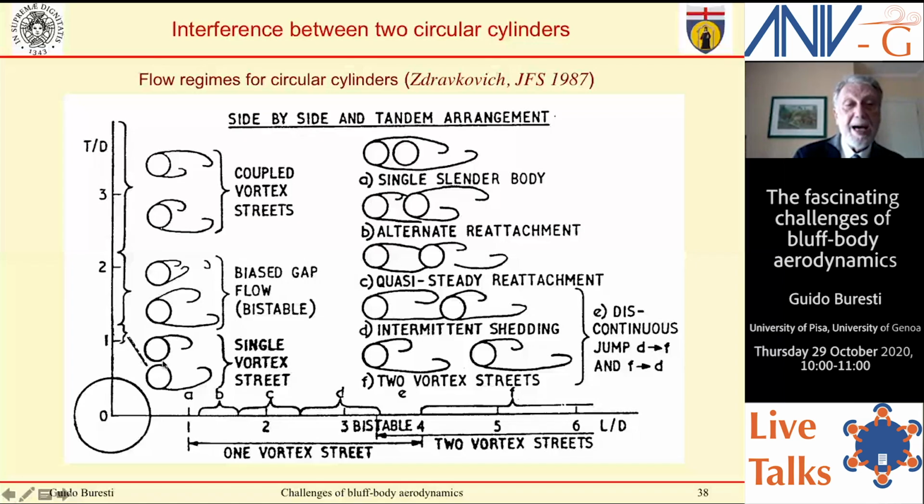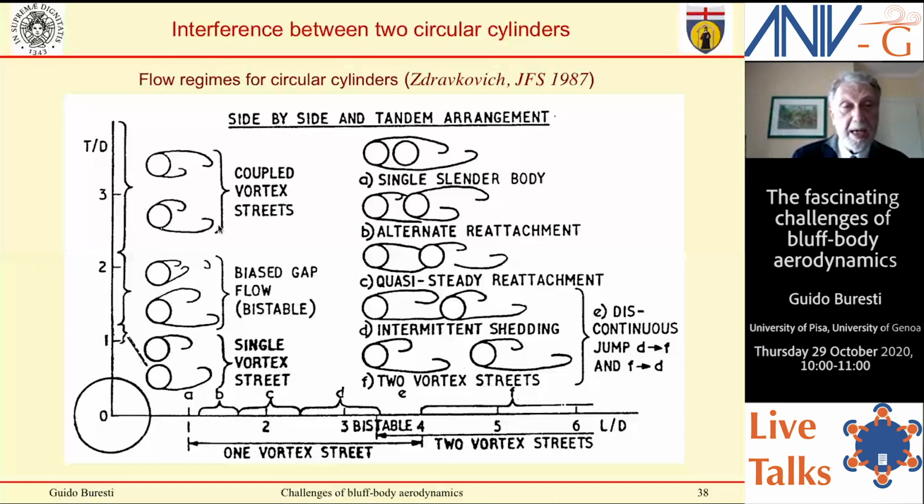Then you get bistable flows. You see, for instance, here one has a wide wake, the other a narrow wake. But these two configurations may switch to the other one. So this flow is bistable, which means that in the same conditions you may get two different configurations depending on perturbations coming from upstream. You may understand this may be quite dangerous.